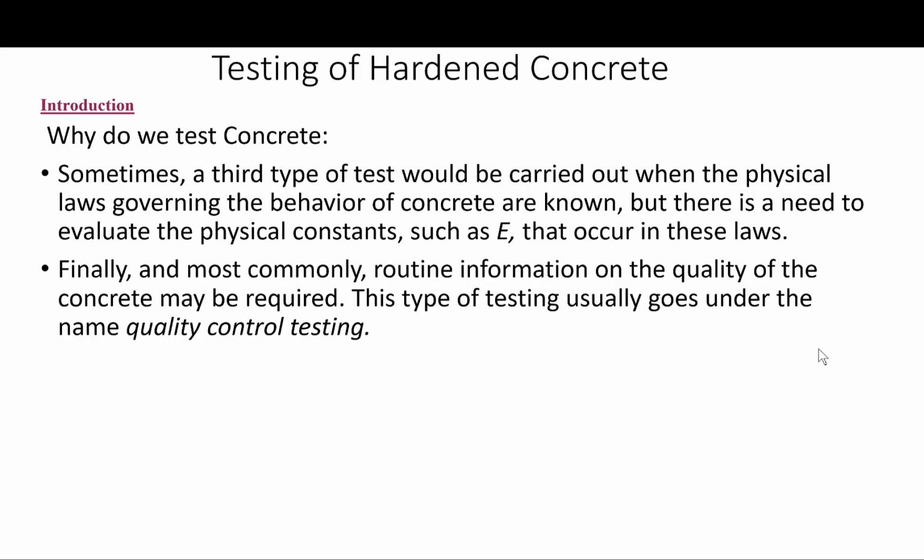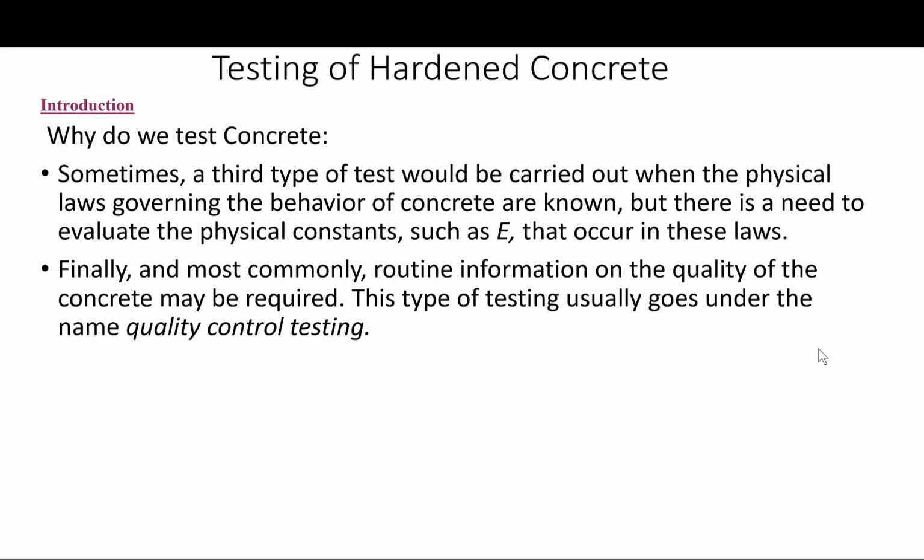Finally, and most commonly, routine information on the quality of concrete may be required. So this type of testing usually goes under the name quality control testing. Here, extreme accuracy of measurements is less important, but the speed and ease of carrying out the tests might well govern the choice of test procedures.